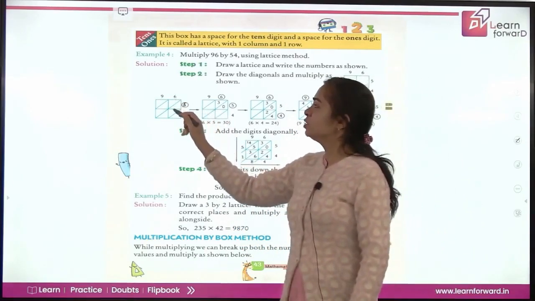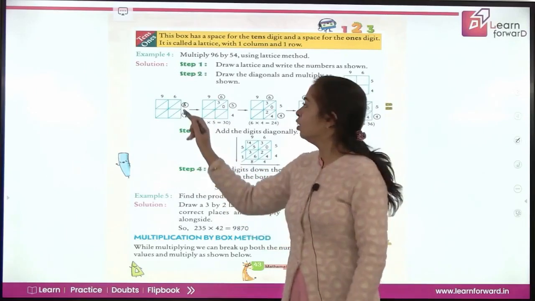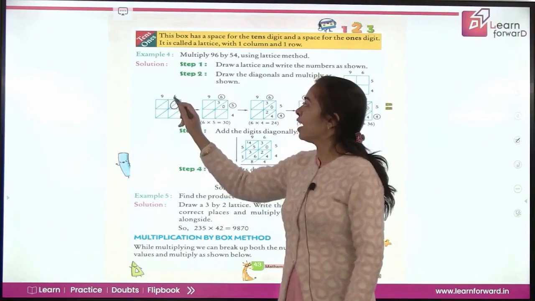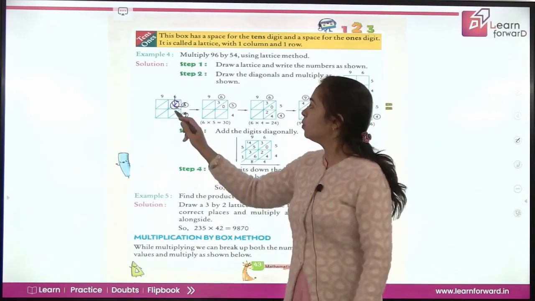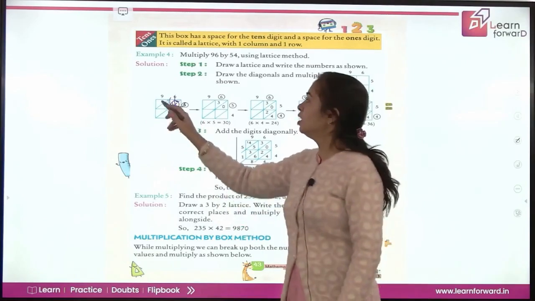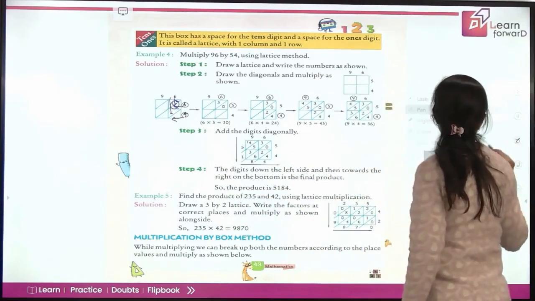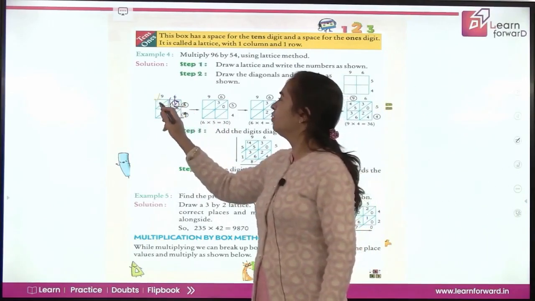For each box, we can find 2 digits are related. For this box, we have 6 and 5 together. For this box, we have 6 and 4 together. Similarly, for this box, we have the digits 9 and 5 together.